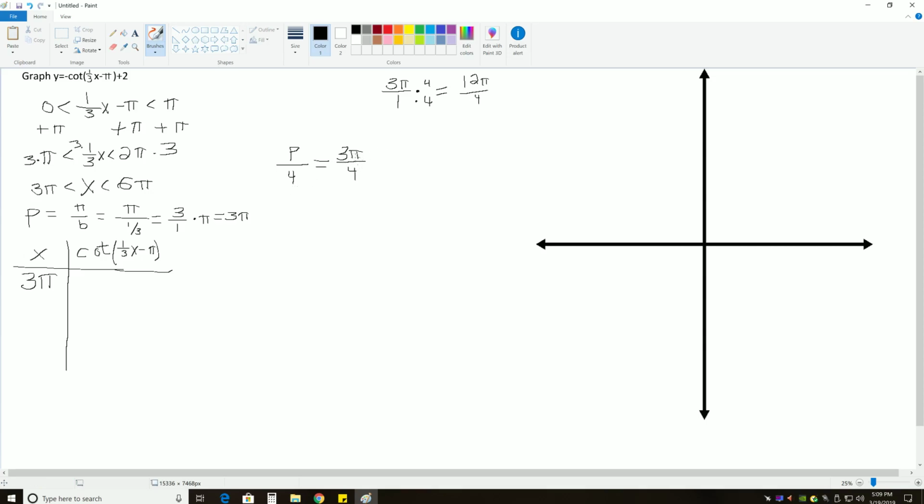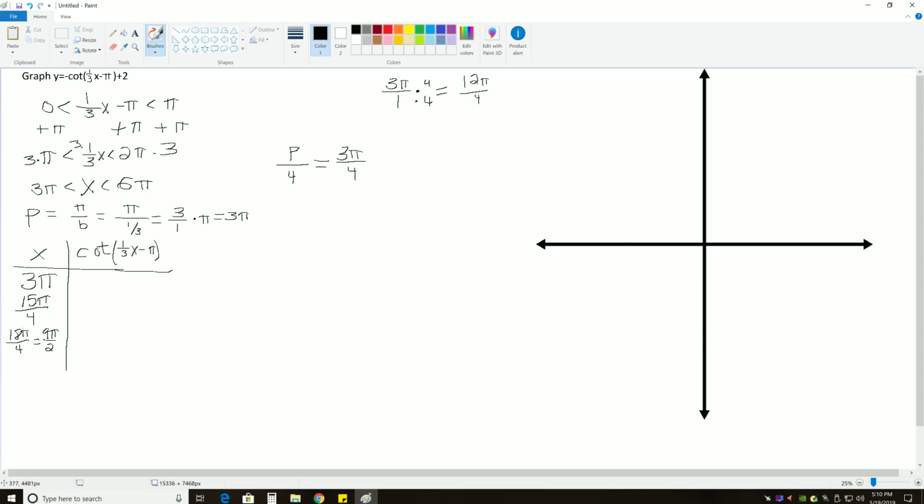And now it'll be a lot easier to add 3 pi over 4 to it. So when we add 3 pi over 4 to it one time, we end up getting 15 pi over 4. If we add 3 pi over 4 to it another time, we're going to get 18 pi over 4, which will simplify to 9 pi over 2 if we divide the top and bottom by 2.